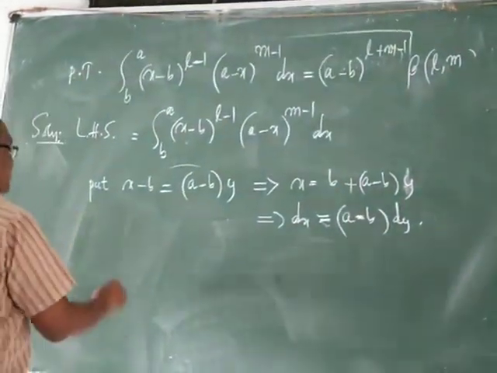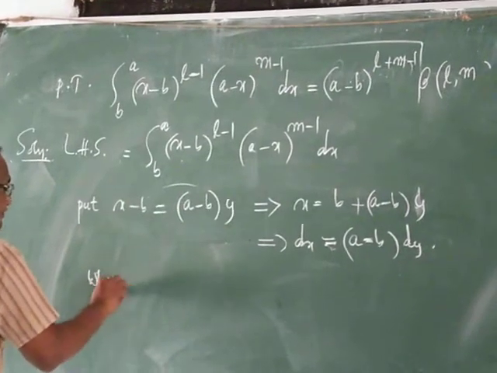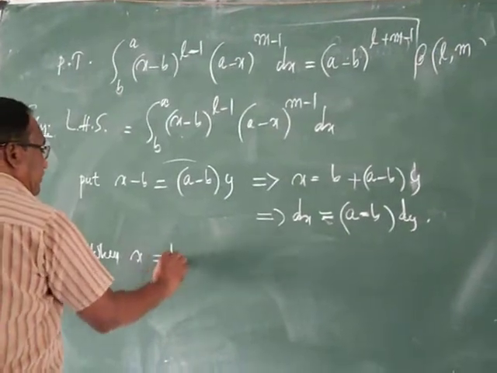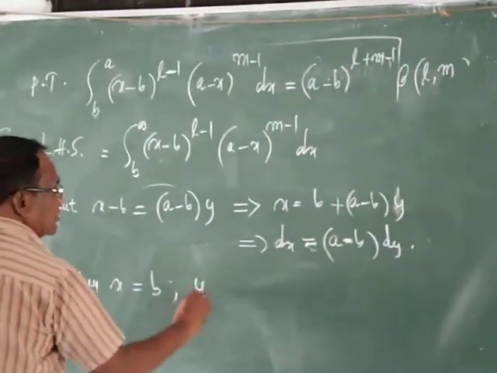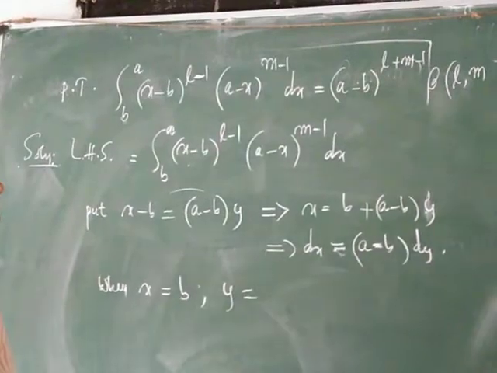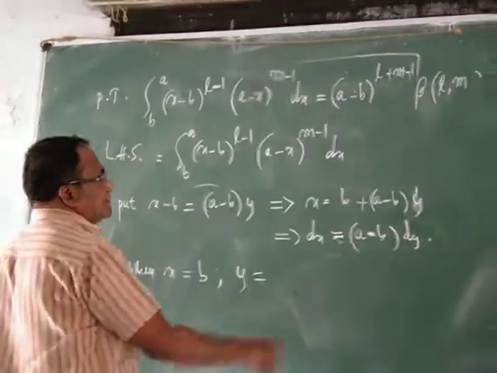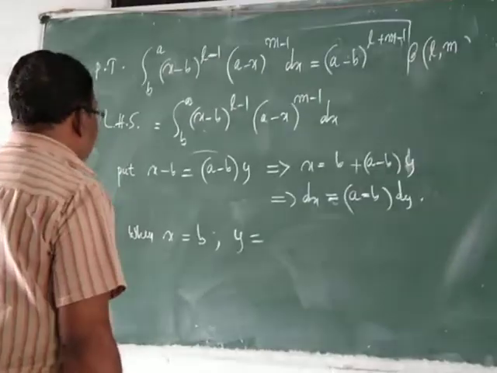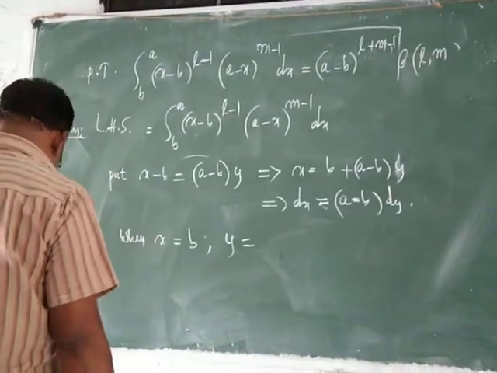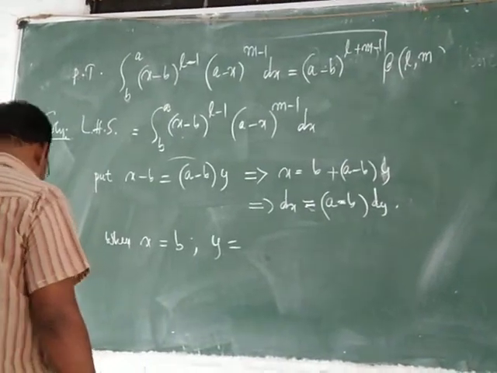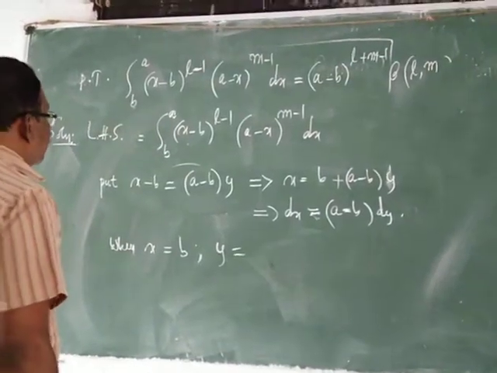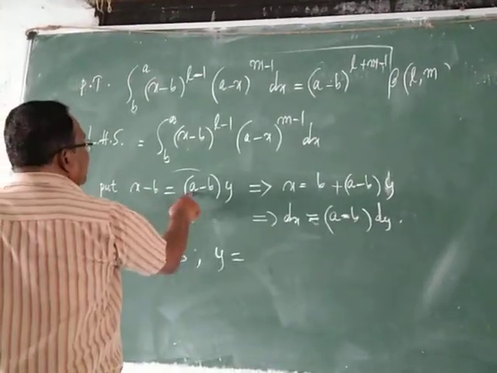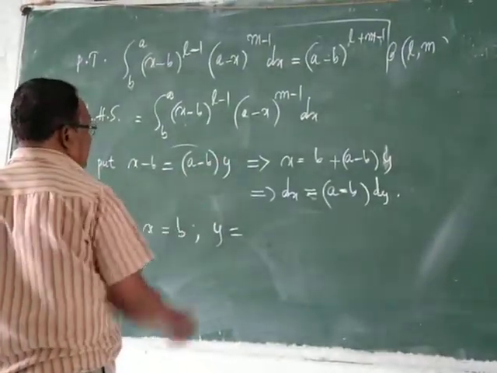And now you check the limits. When x is equal to b, the lower limit, what is your new variable y? If I put x is equal to b here, then y would be equal to what? x is equal to b means b minus b is 0, which is equal to (a minus b) into y.